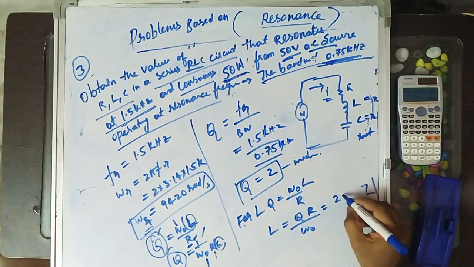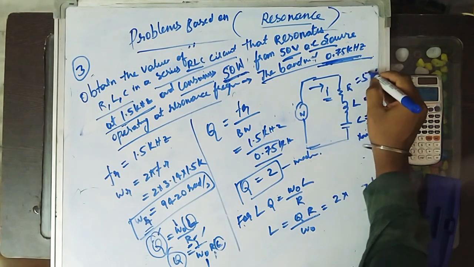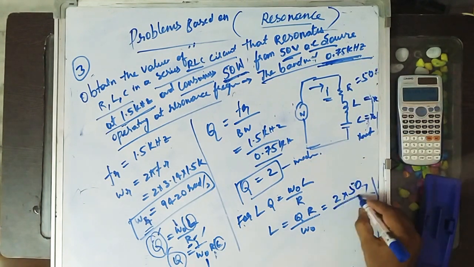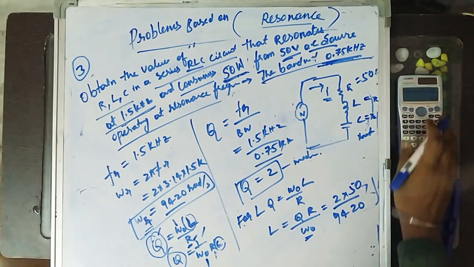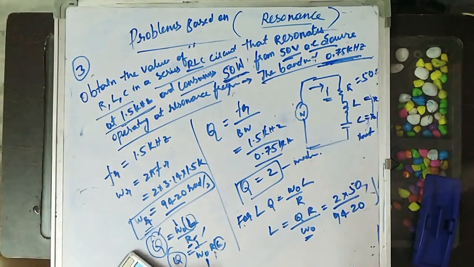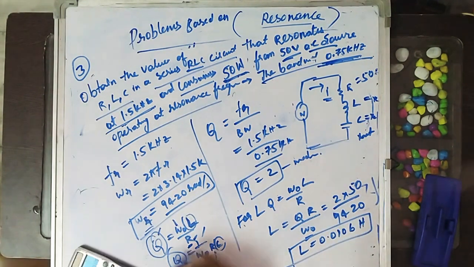Substitute quality factor 2, the R value 50 ohms, and omega R value 9420. So L equals 2 into 50 divided by 9420. The L value you got is 0.0106 Henry.